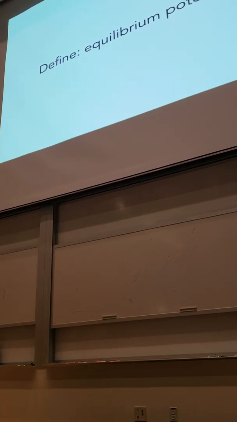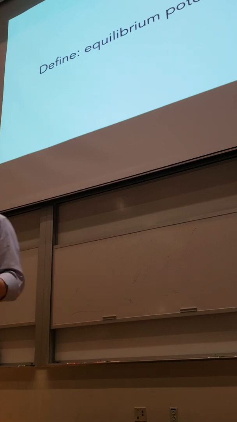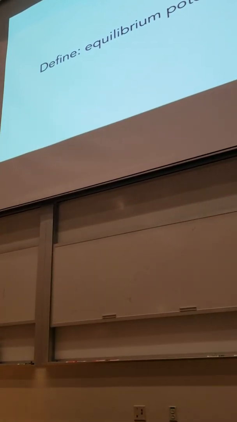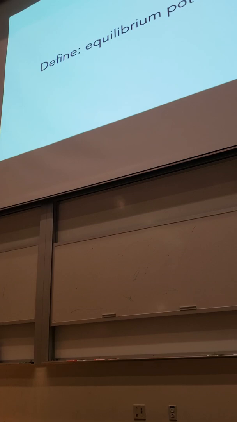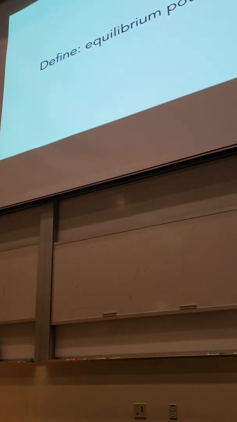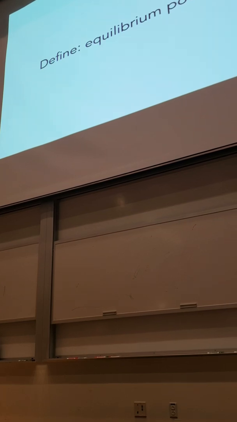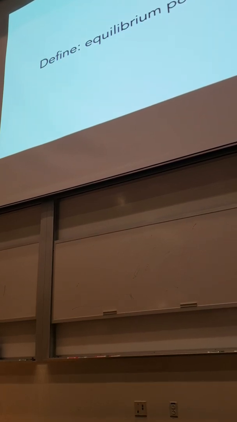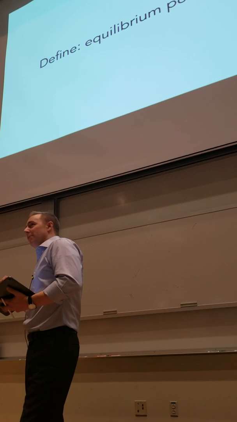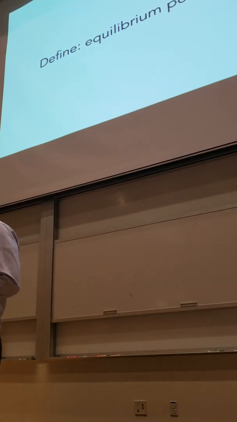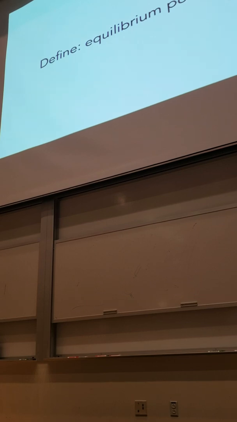Maybe we can make that simpler, a little bit shorter. Defining an equilibrium potential: this is the voltage at which an ion, permeable to the membrane, reaches an equilibrium between its chemical and electrical forces.